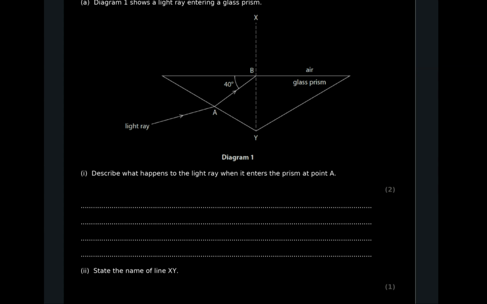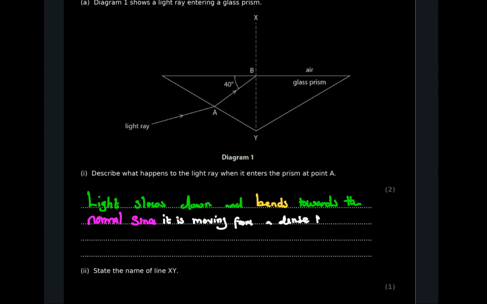The speed of light slows down, and then the ray bends towards the normal. That's why refraction takes place. Light slows down and bends towards the normal, and the reason is it's moving from a less dense medium to a dense medium.